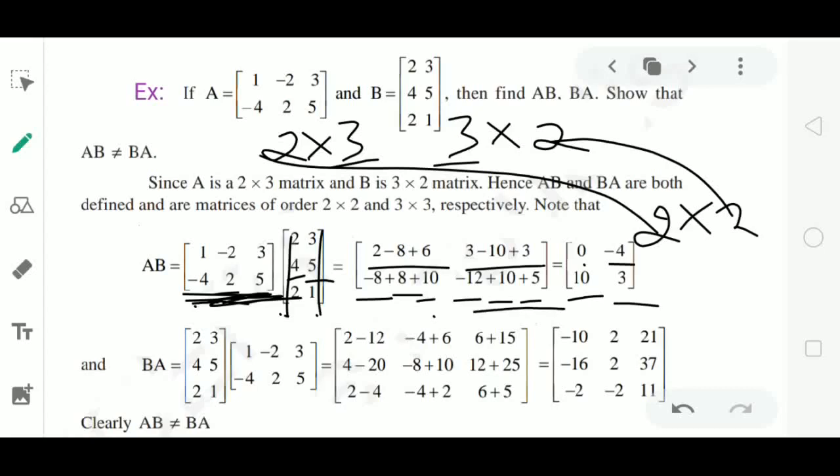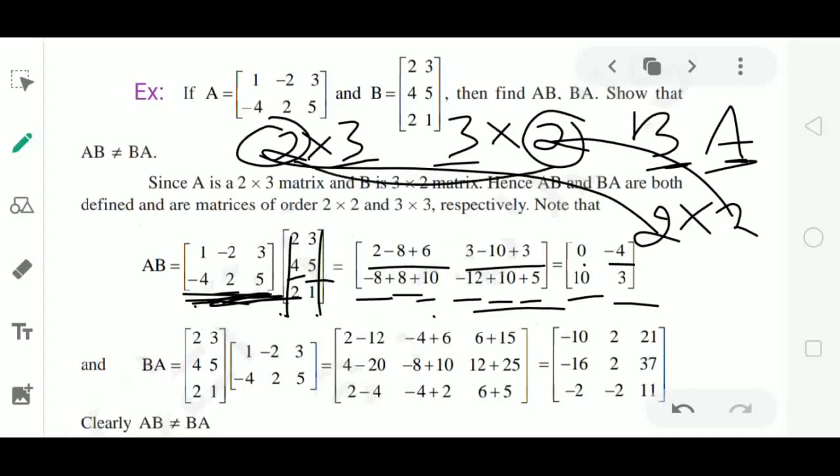Suppose I have to find BA, that is B into matrix A. We can define the product BA only when the number of columns of B is equal to the number of rows of A, that is, the number of columns of the first matrix equals the number of rows of the second matrix. Here the number of columns of B is 2, and the number of rows of A is 2.